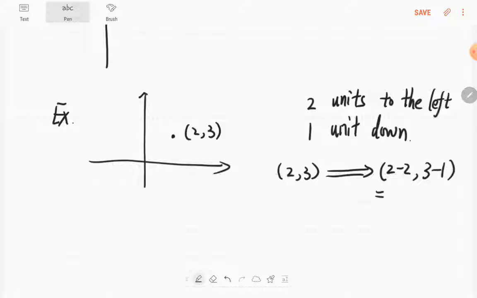So which is the point (0, 2). Right. We shift to the left 2, right? Then 1 unit down. So which is this one, right? 2 to the left, then down 1 unit. So (0, 2).